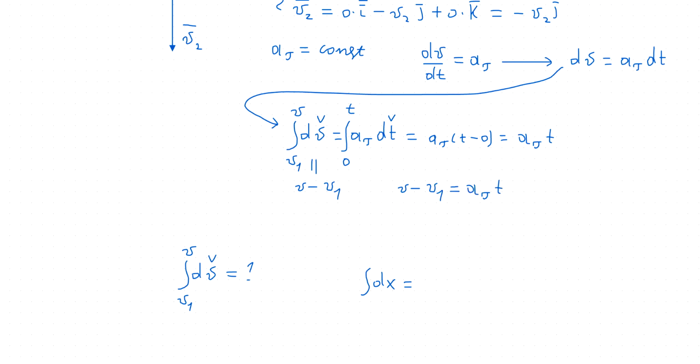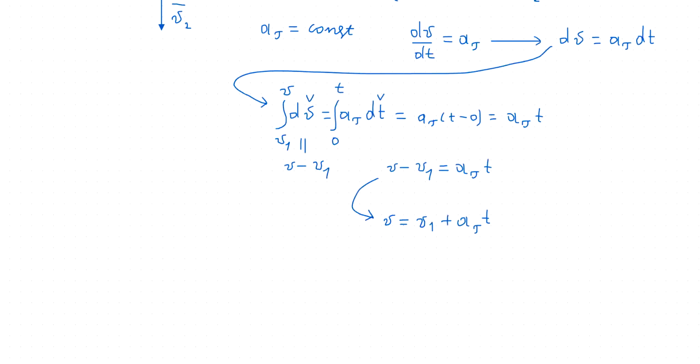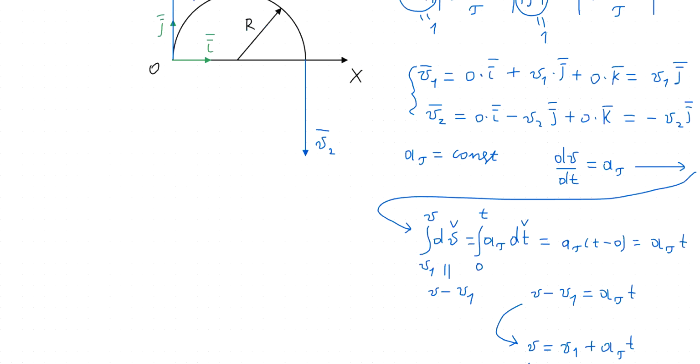This is the dependence of velocity on time: v is equal to v1 plus a tau t. And from here we can find that in the final position we have velocity v2.